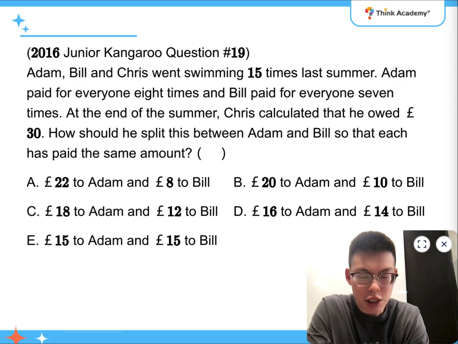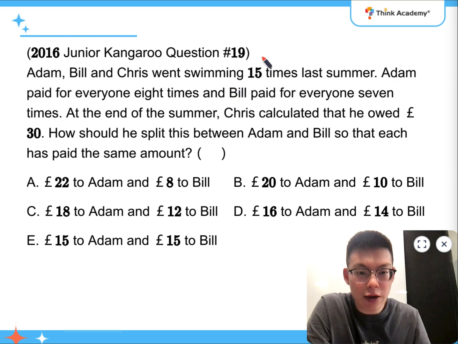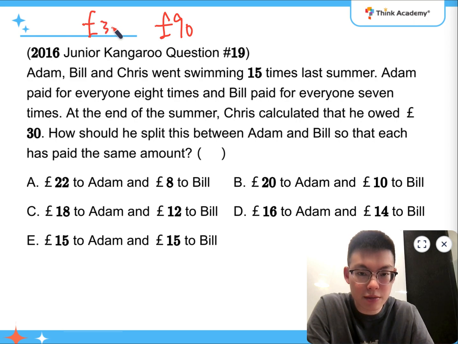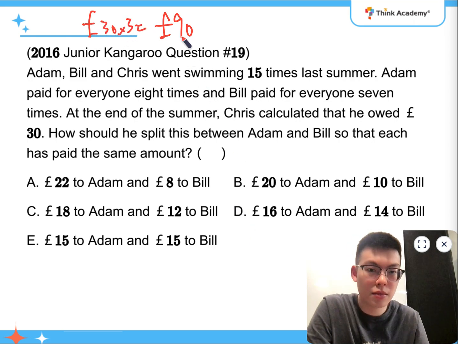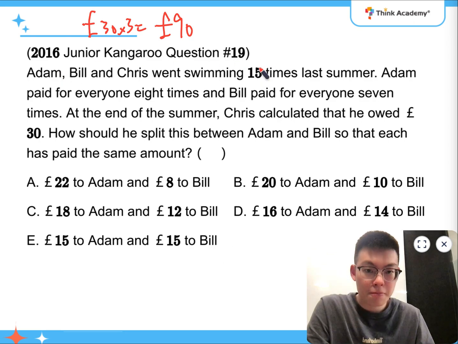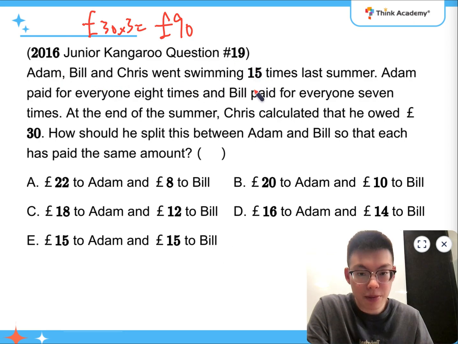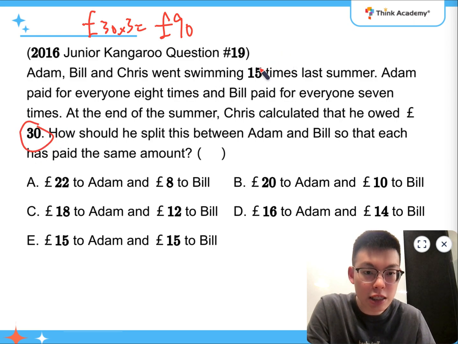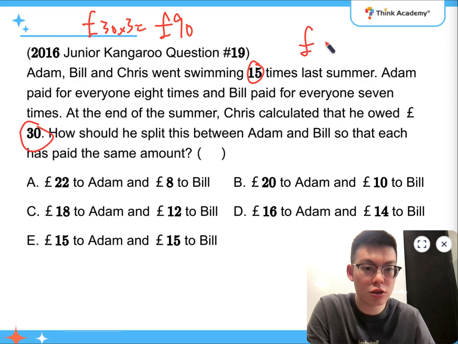All right, so if Chris owed £30, it means that altogether the 3 of them would have spent £90, right? Because that's 30 times 3. So each time it's going to be 30 divided by 15, which is £2.